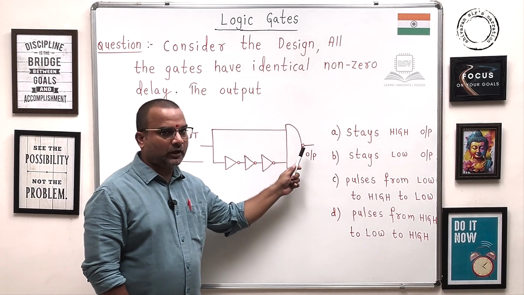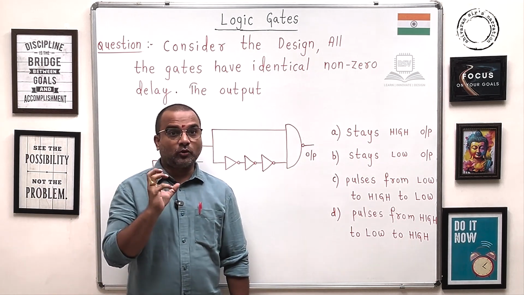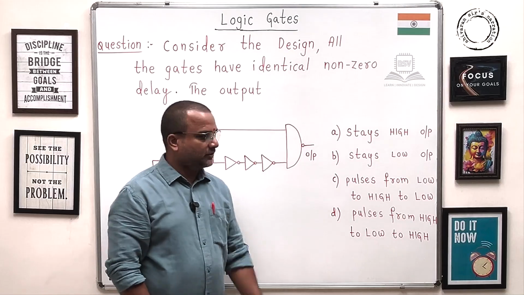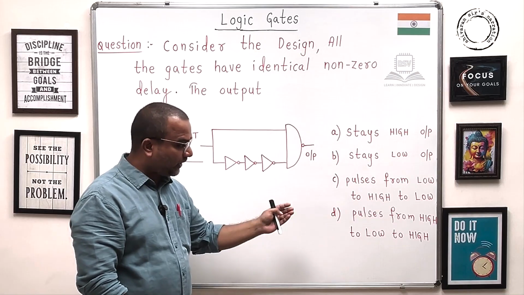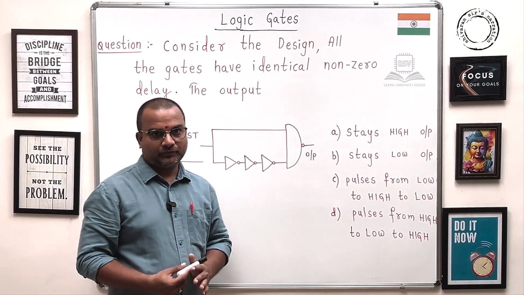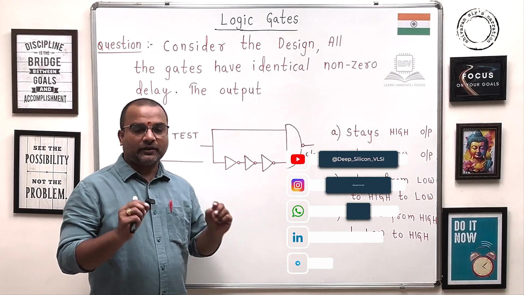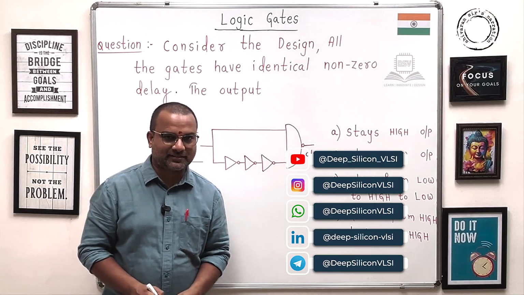Now what about the output? And still they are not asking you to draw the output waveform. How does the output waveform look? Does it stay high only, low only, low to high, high to low, or high to low, low to high? So this is the given design challenge, and we want to crack it.